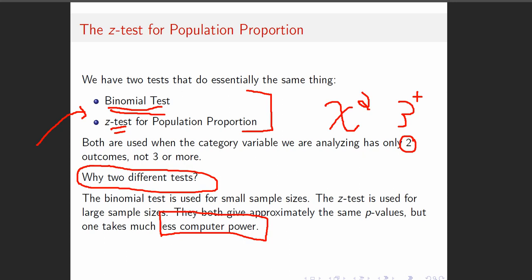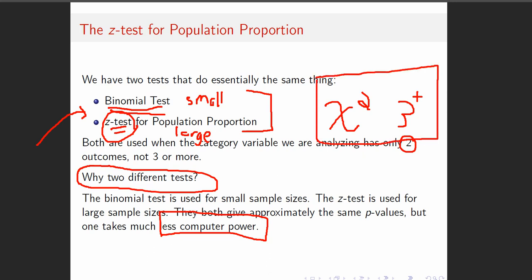So we run the z-test for large samples. Okay, so small samples, we'll run the binomial test. And for large samples, we will run the z-test for population proportion. And in the middle, they largely agree. Not exactly, but they're much better than using the chi-squared. Remember, chi-squared should only be used when there are 3 or more probabilities in the comparison.